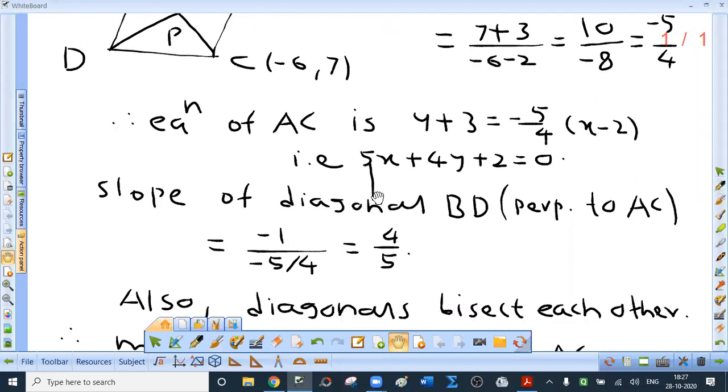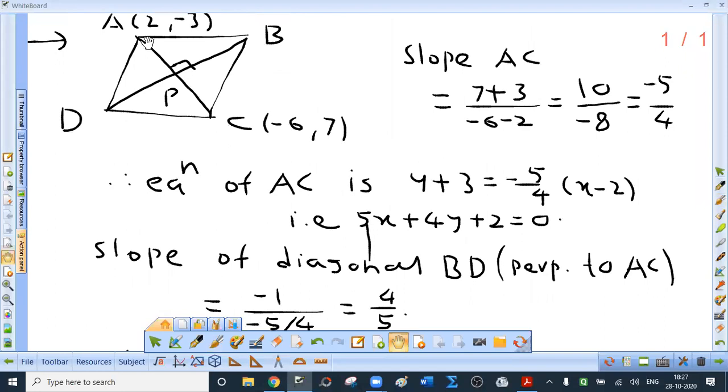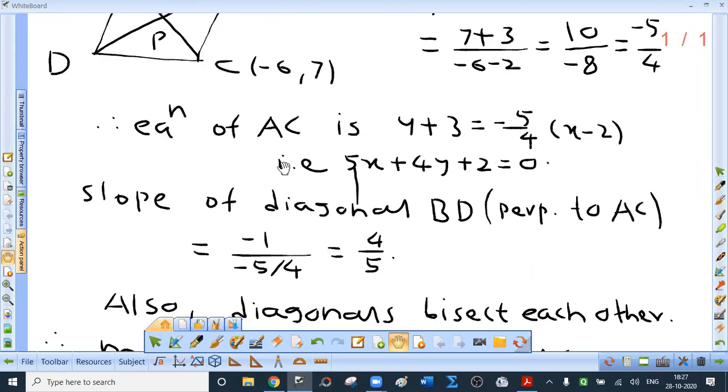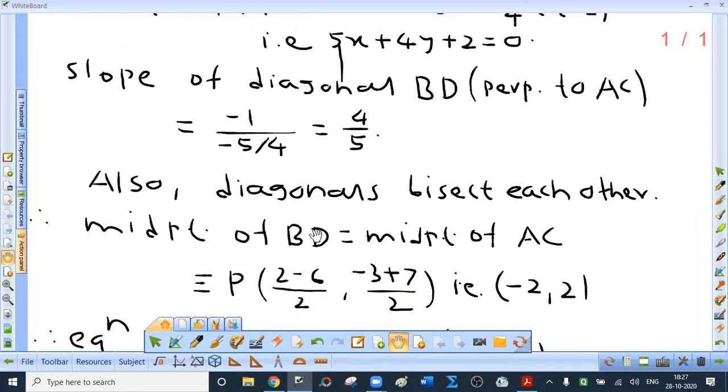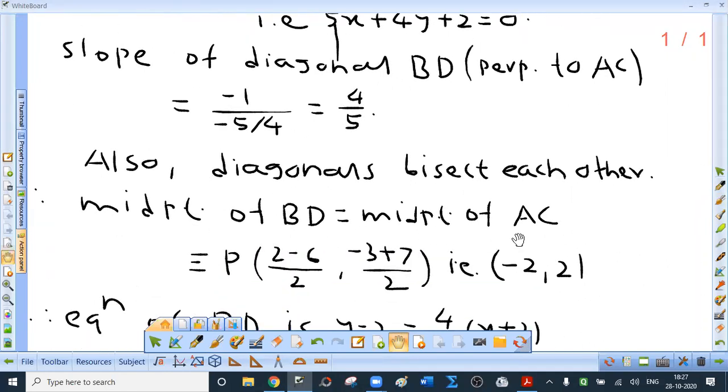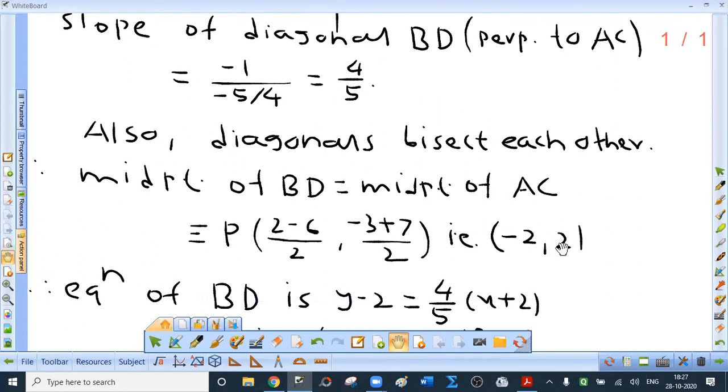As diagonals bisect each other, the midpoint of diagonal AC, which can be obtained using the midpoint formula, is the same as the midpoint of BD, say P. Now the slope of BD is obtained. Once we get the coordinates of P, we can find the equation of BD also. So the midpoint of BD is the same as the midpoint of AC, that is (-2, 2).